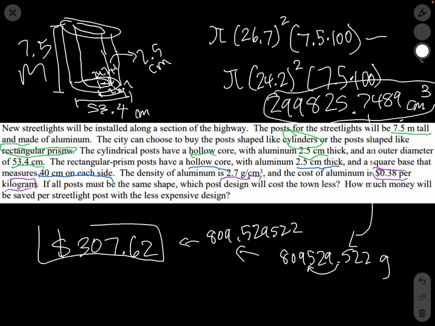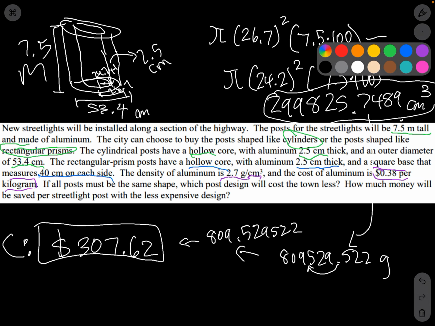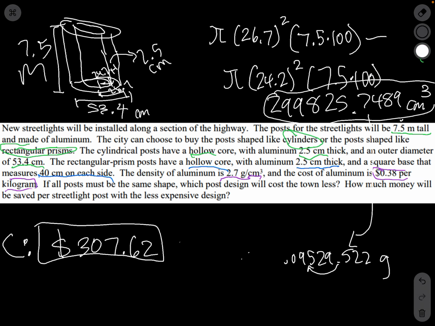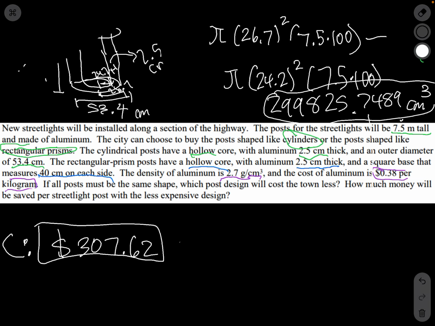So this is the price of the cylinder. Now we can erase this and find everything else for the rectangular prism.